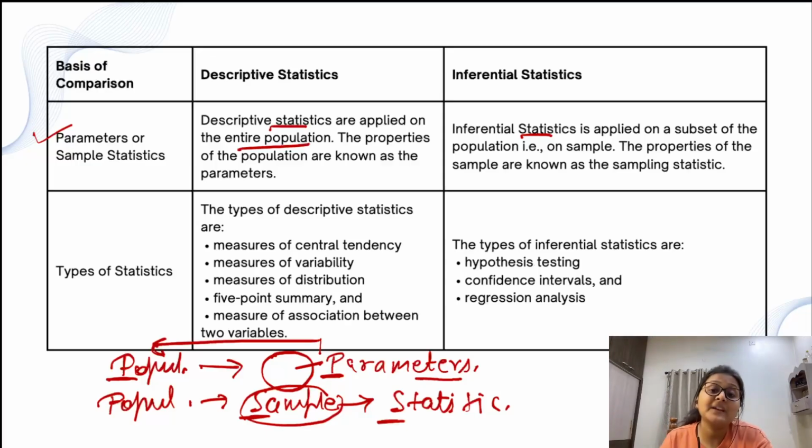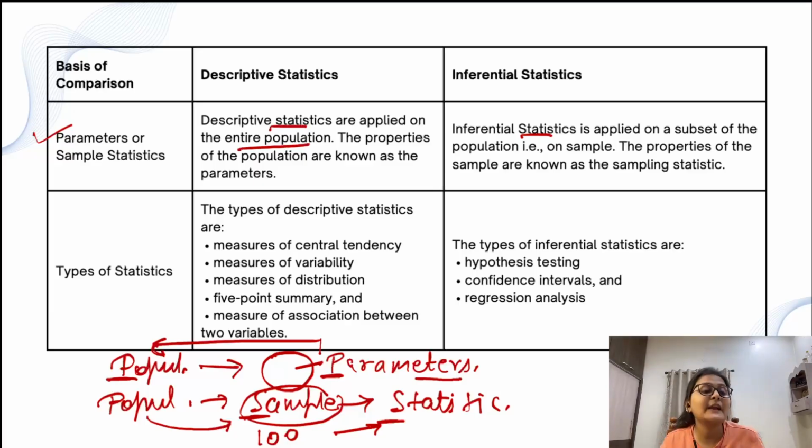But if we only measure the height of 100 randomly selected students, then the average height is going to be called the statistic, because it is based upon the sample drawn from the population. Right, this is parameter or sample statistics.